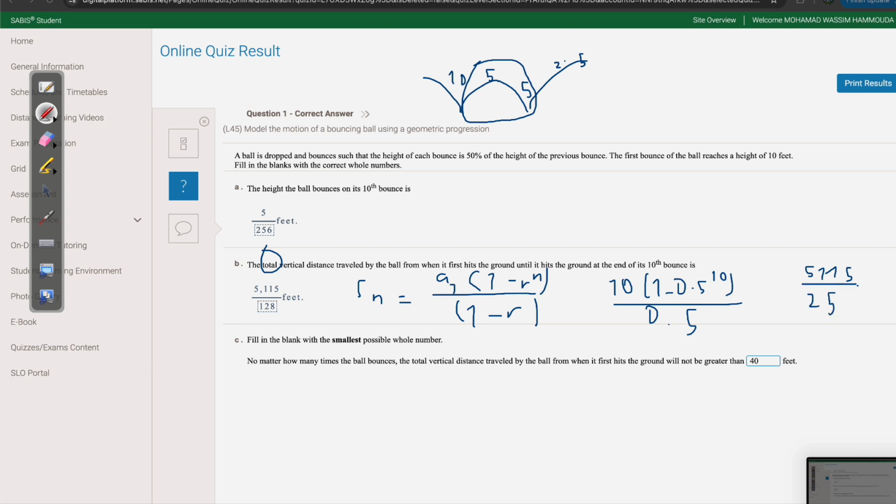But now, since the ball goes up a certain height, then it goes down, which means it drops at that height twice, we're gonna multiply this by 2 to get 5115 over 128.